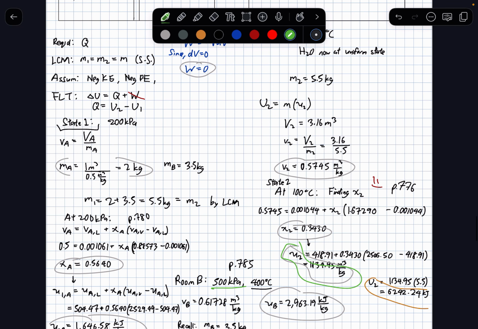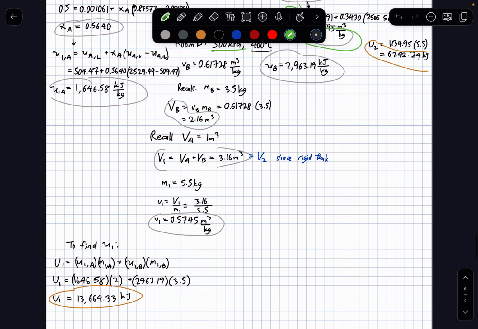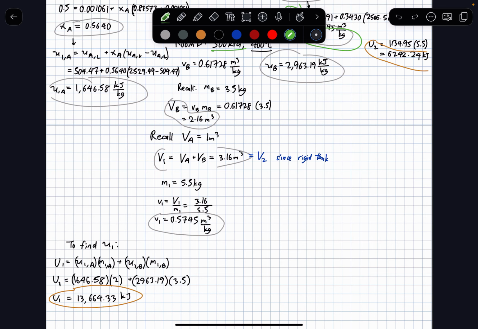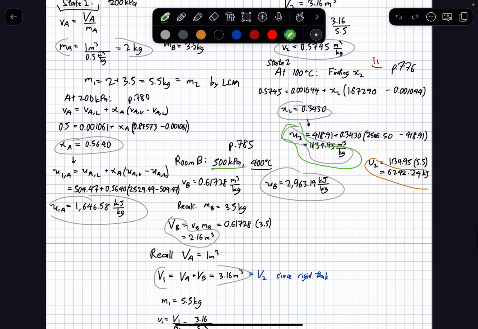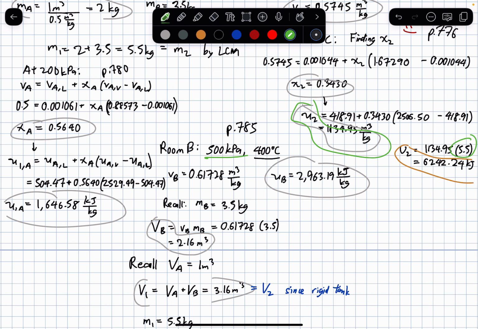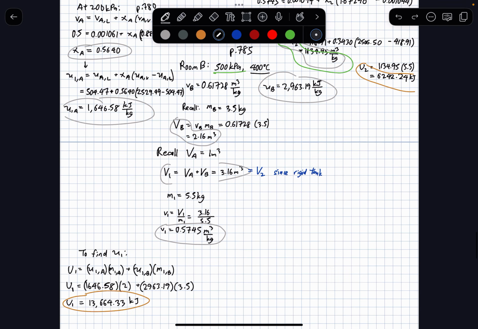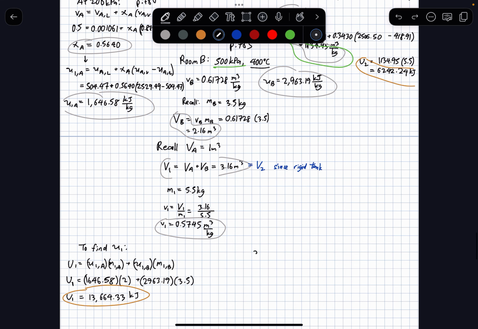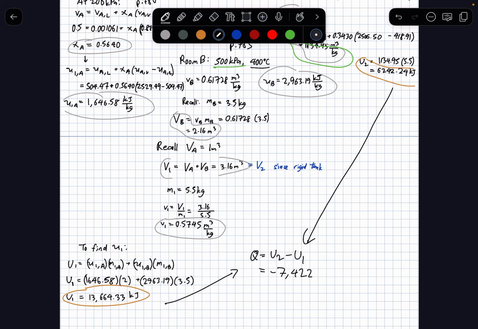Okay. So we just had to multiply it by the mass earlier. Q is equal to u2 minus u1. Calculate u sub 2 minus 13664.33, negative 7422.09 kilojoules.